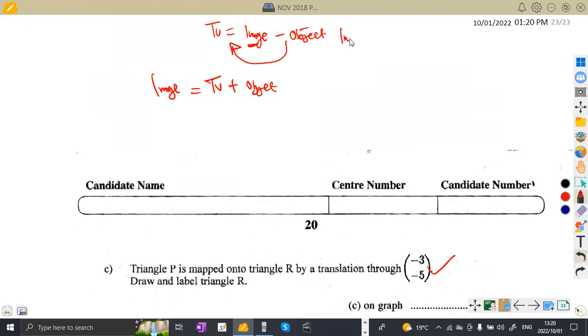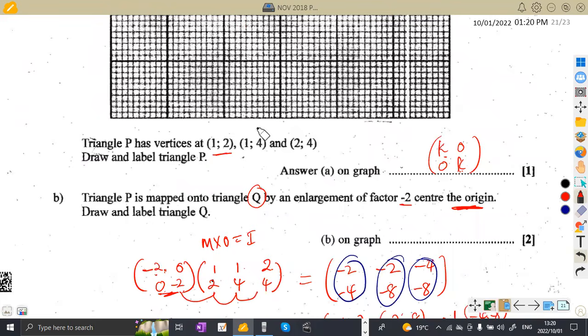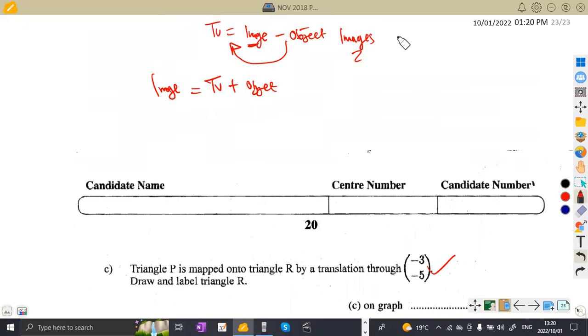So that means we are going to calculate the images of each and every point. Okay, so we start with the first point. Remember, our first point was (1, 2). So the first point is (1, 2), and we add the translation vector, because we are saying object plus translation vector, or translation vector plus object, whatever you're going to do.